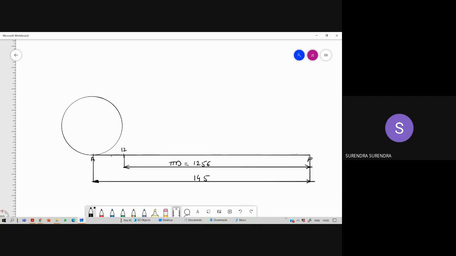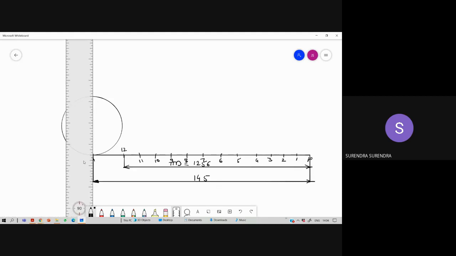Let me mark the points 1, 2, 3, 4, 5, 6, 7, 8, 9, 10, 11, and 12. Now take the scale and draw the diameter lines.